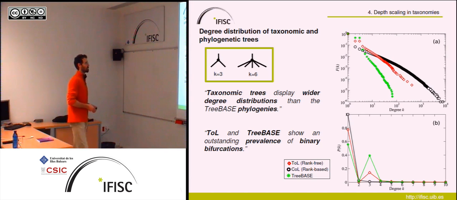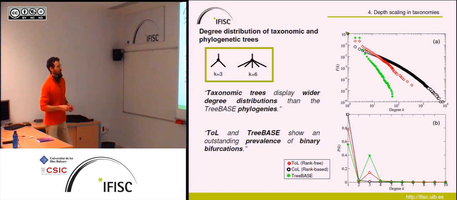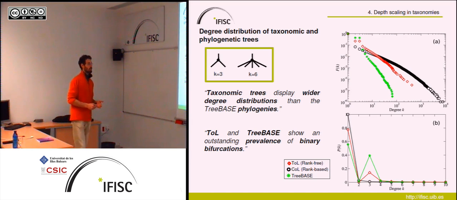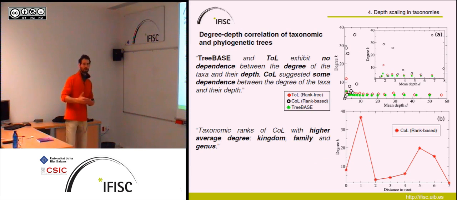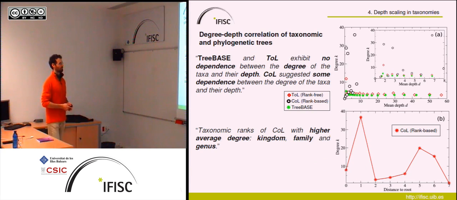And if we focus on the probability distribution of the degree for these trees, we observe that the rank-free taxonomic criterion and the phylogenetic trees show a high presence of nodes with degree 3, which reflects their tendency toward a binary topology.